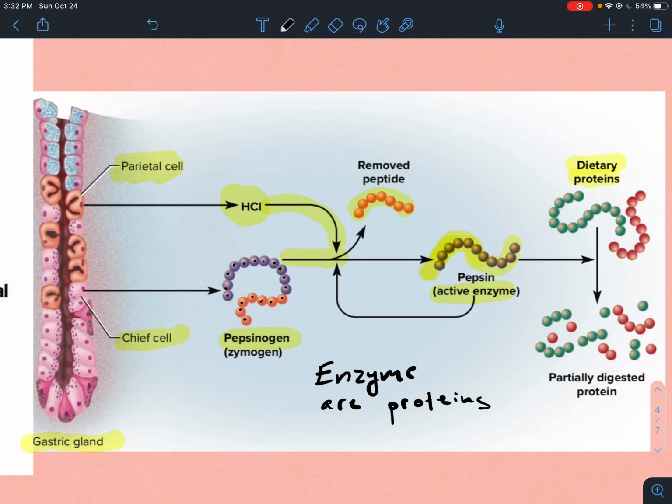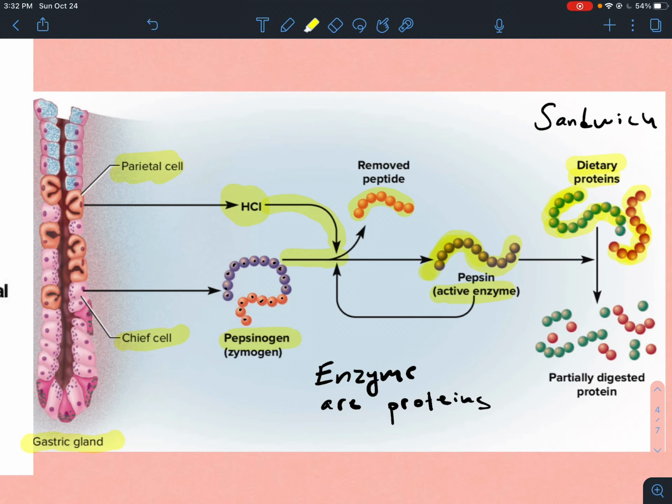So imagine that you just ate a sandwich and that sandwich has protein in it. That protein ends up going into the stomach, and this protein needs to be broken down further by cutting through those peptide bonds.